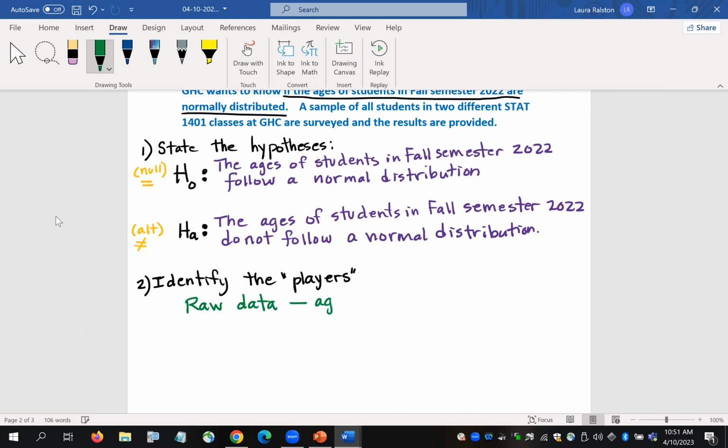In this case, we need the ages of students in fall semester 2022. And again, I've given you that in D2L.